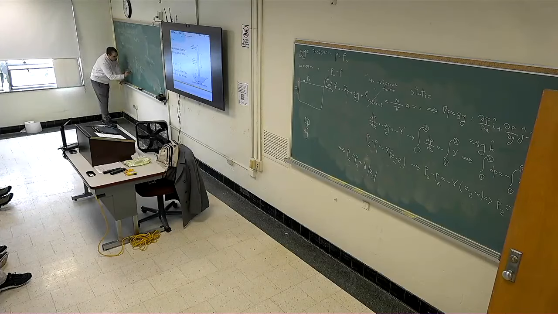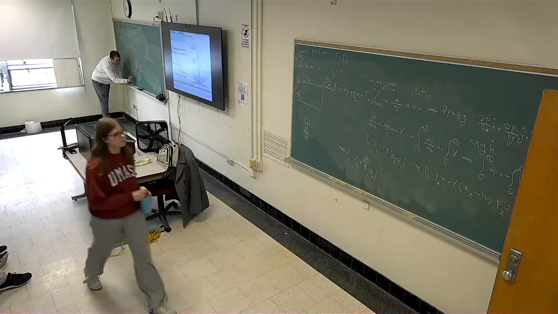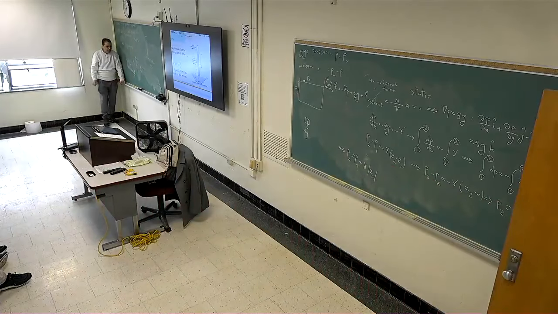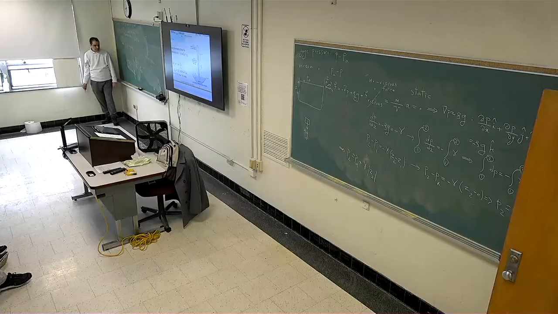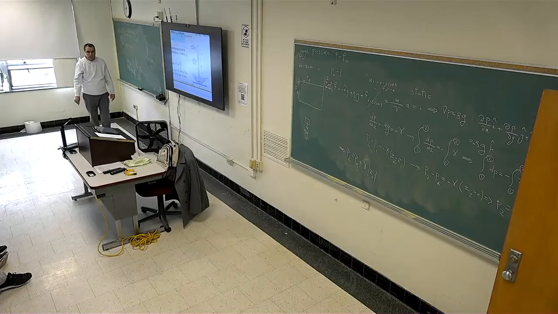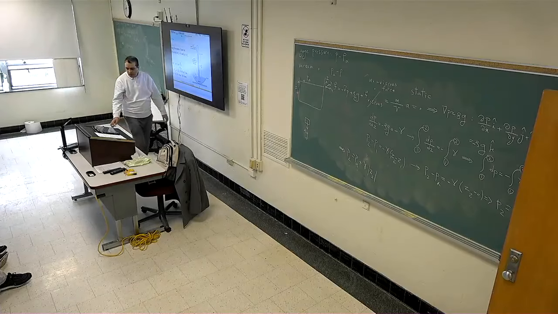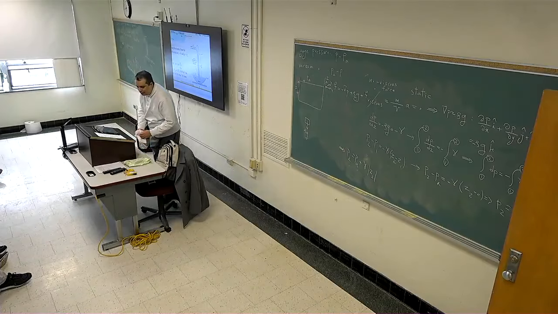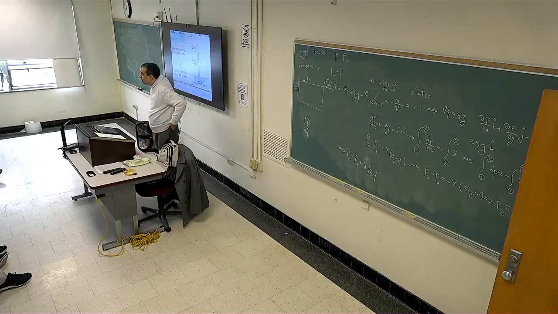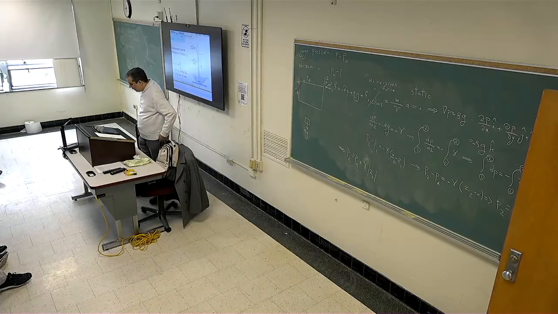As a result, Z1 is equal to P ambient over gamma mercury. So Z1 can be on the order of centimeters. Why is it on the order of centimeters? Because gamma mercury is very high.